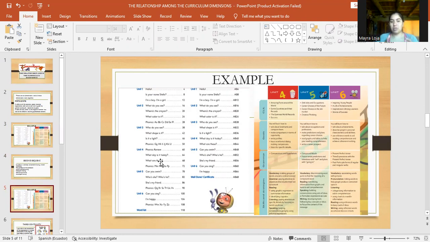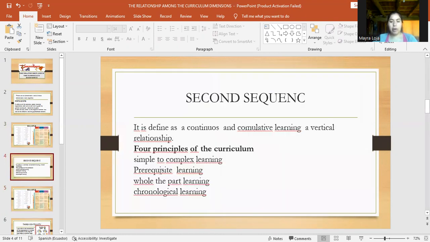The principle of curriculum in this sequence is to go from simple to complex. In this case, this scope is for students with level A1, and this scope is for students with level B2. You can see here that the students, with the passing of time, are going to accumulate some topics and different information.